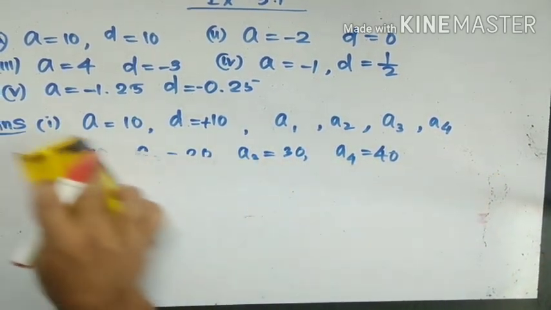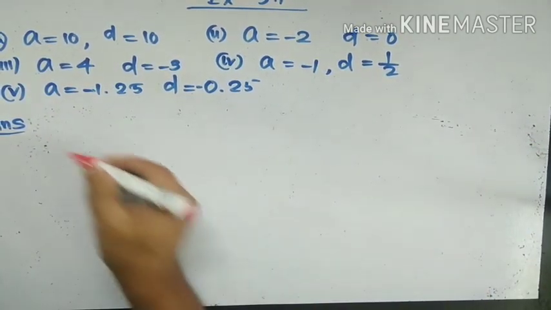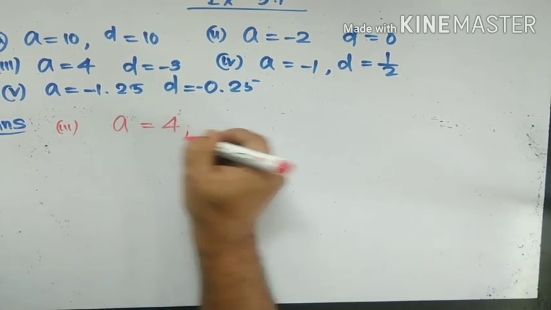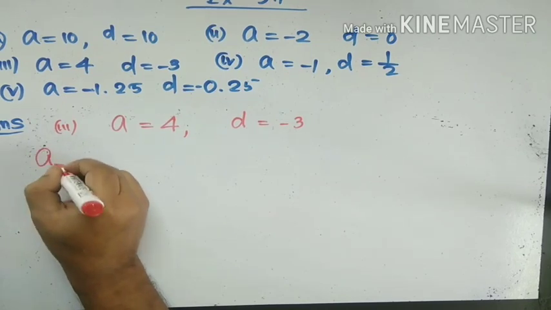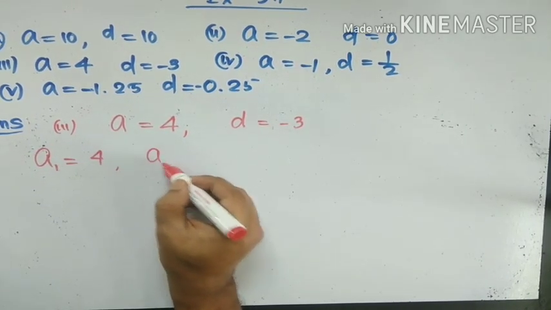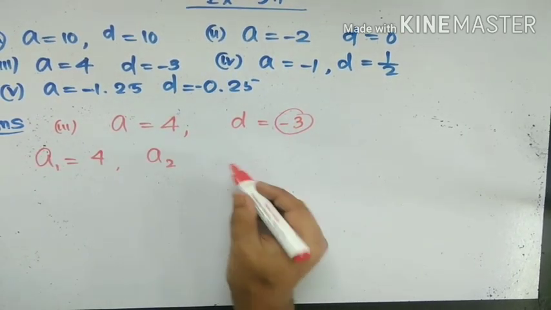Let's do example number 3. Here the given first term is 4 and D is given minus 3. Now here A1, that means the first term, is given 4. Now A2, here D is negative, so terms will be decreasing by 3.